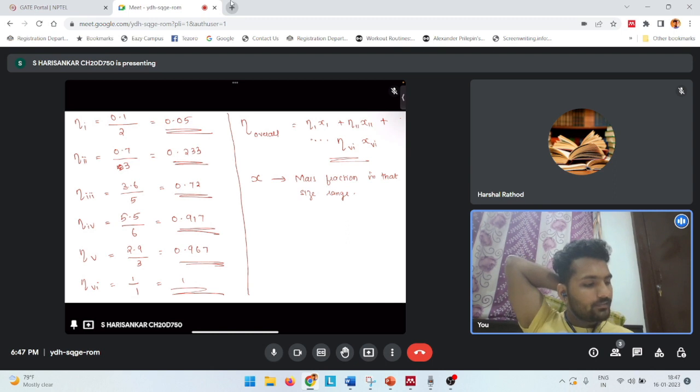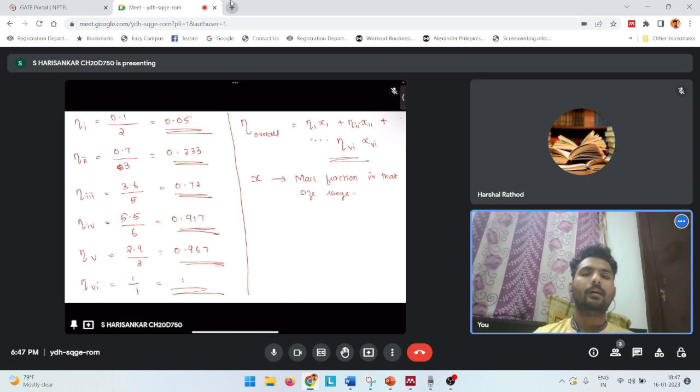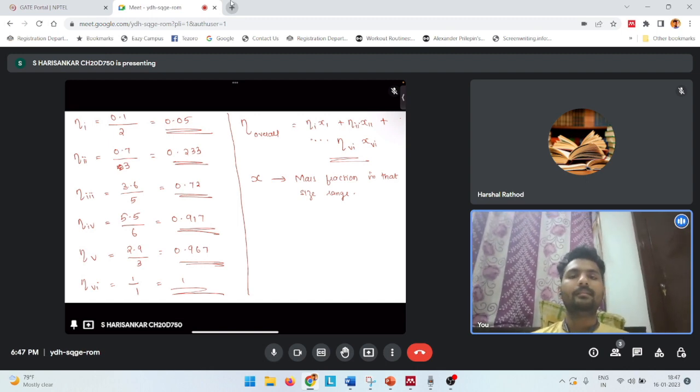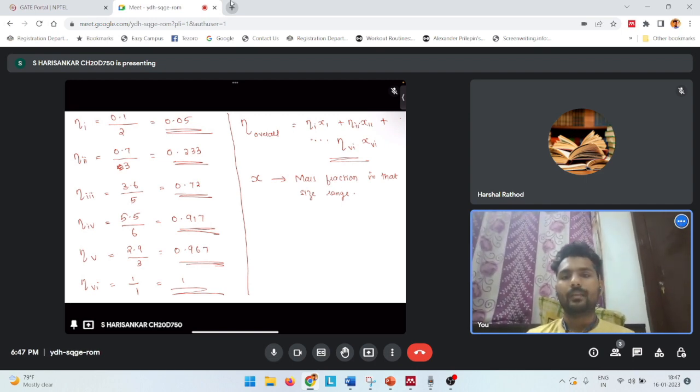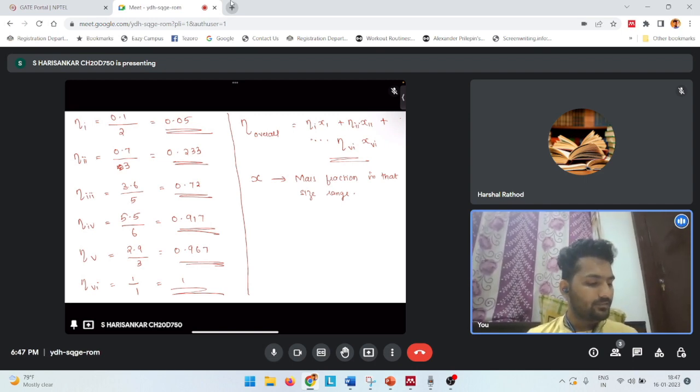We have found the values for eta 1 up to eta 6. Now we need to find the mass fraction of these particles from the size range 1 to 6, and the mass fraction x will be equal to weight of the particles in that size range by total weight of the feed.